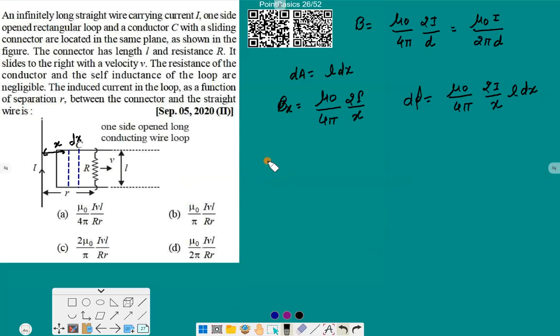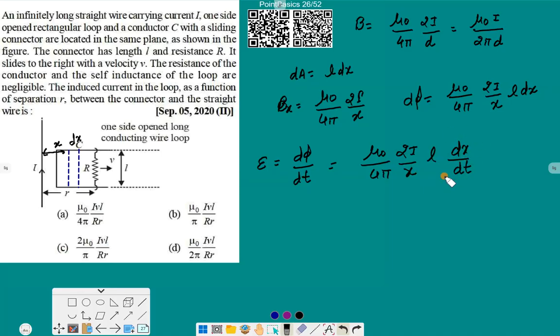Now we know that EMF induced is given by d phi by dt, and we already have the value of d phi. So just substituting the value of d phi here, it will be mu naught by 4 pi into 2I by x into L dx by dt here.